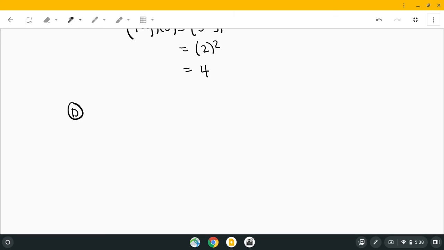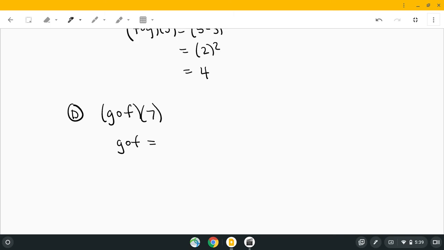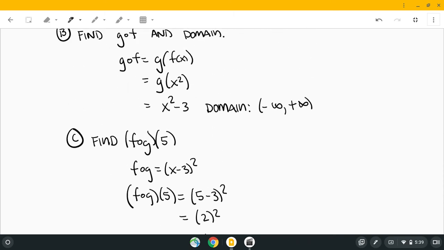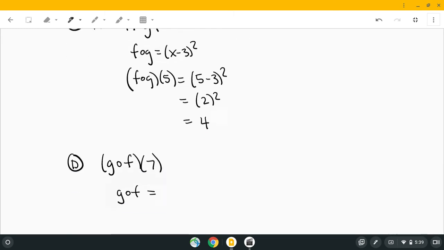And let's do letter D. Go ahead and find G circle F and evaluate it for x equals 7. Okay, so go ahead and hit the pause button and see if you can do this one. Okay, so G circle F is, let's scroll back up here, x squared minus 3.